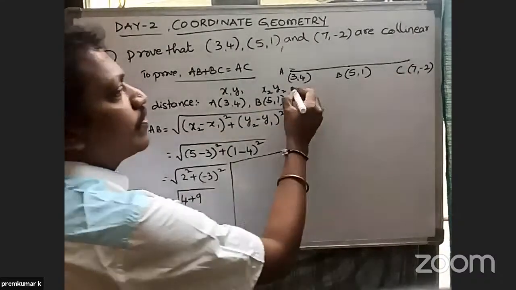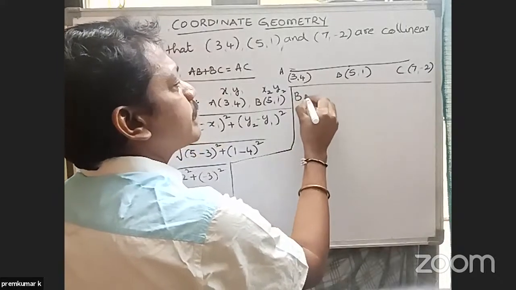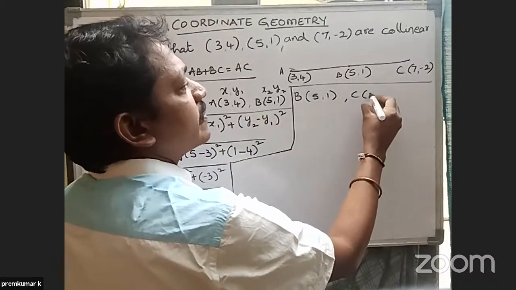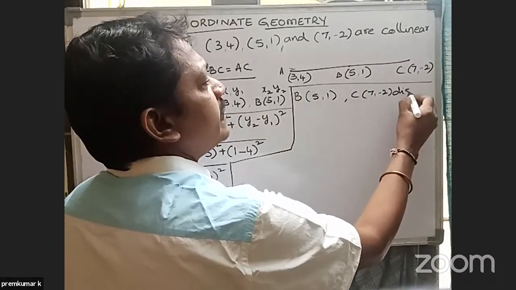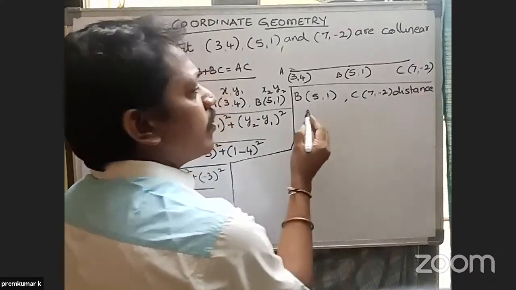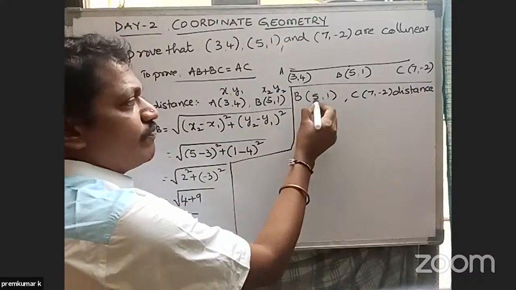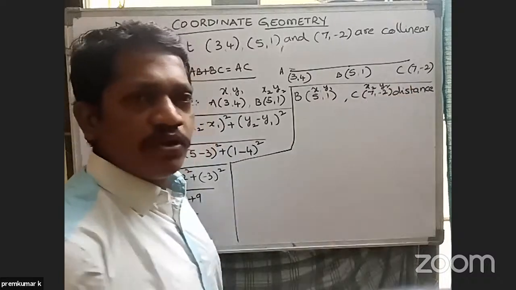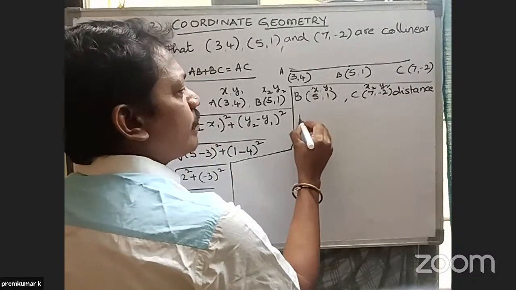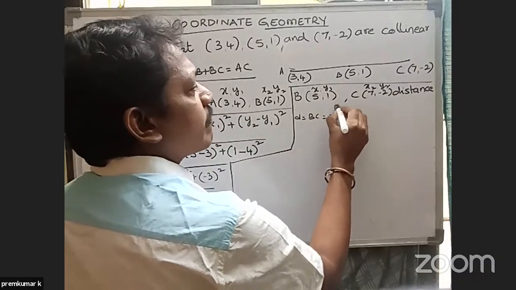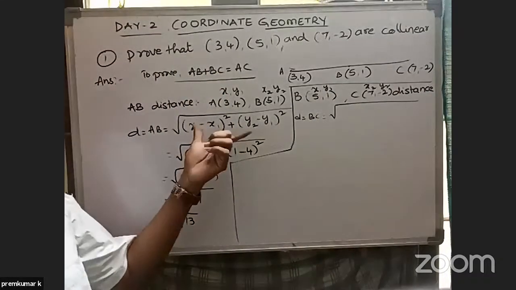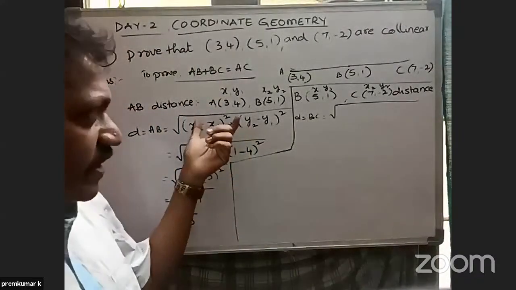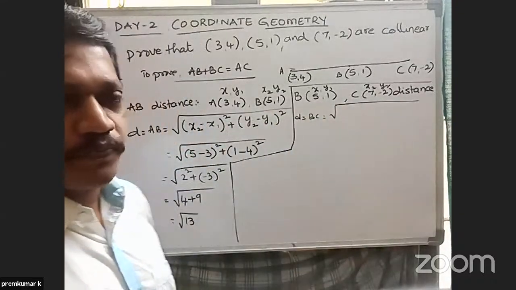AB is completed. I'm going for BC. B 5, 1, C 7, minus 2. Whenever it is given, you have to represent x1, y1 and x2, y2 on top of the coordinates. Now distance BC is equal to, the formula is here only. When you are writing in your notebooks or practicing, you have to definitely write the formula also.